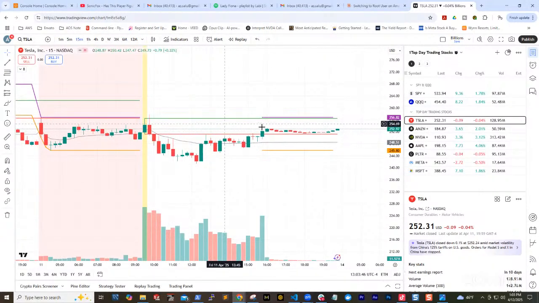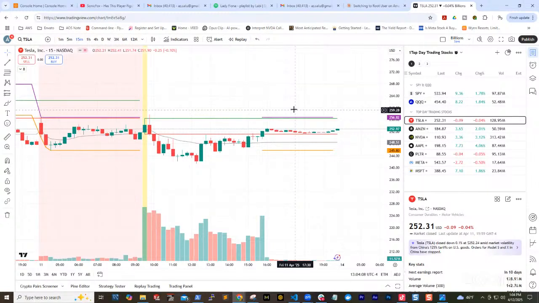So these lines are what I'm watching, and these lines are based on where the support level and resistance are. Support means when a stock price drops to that line, people always buy it and it will go back up.